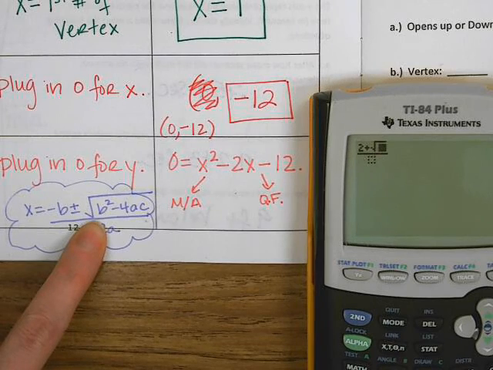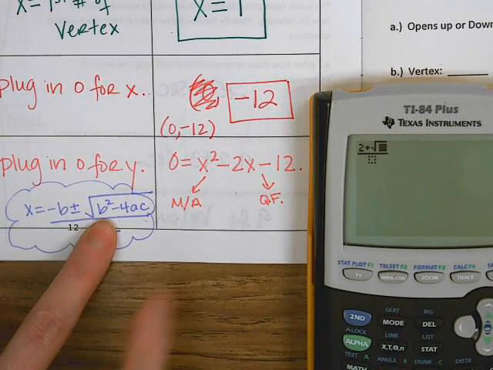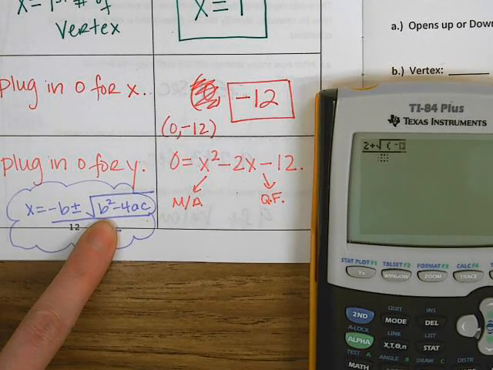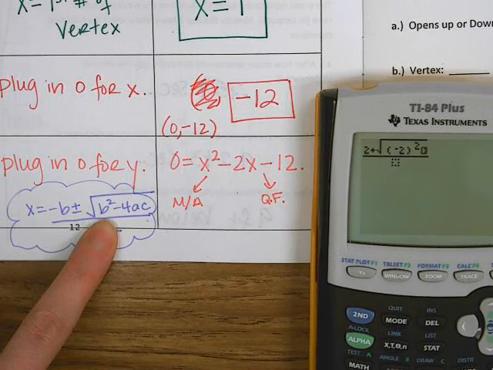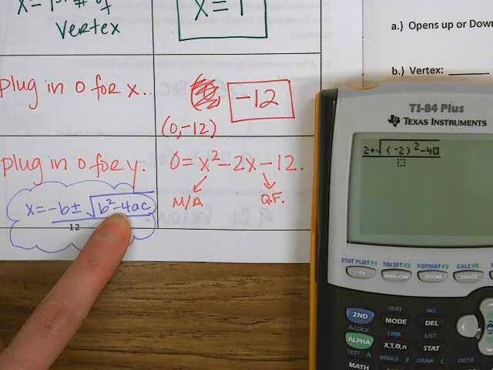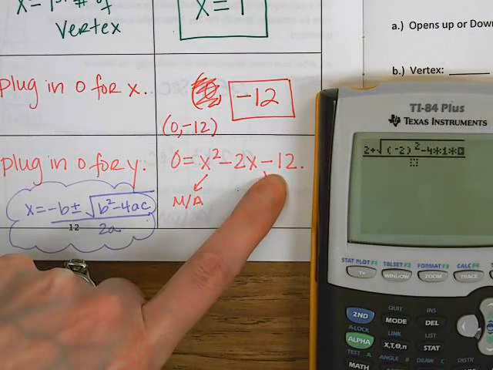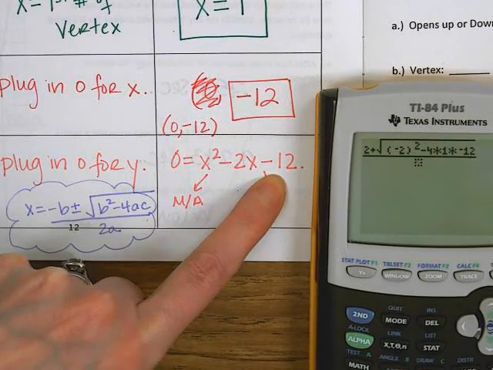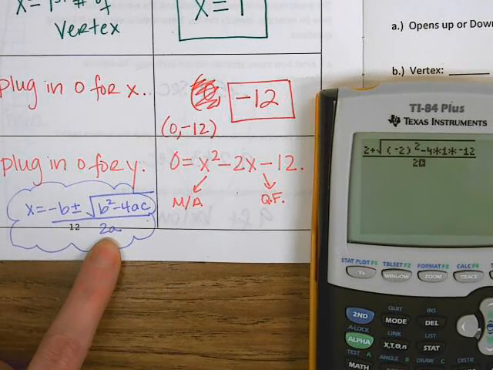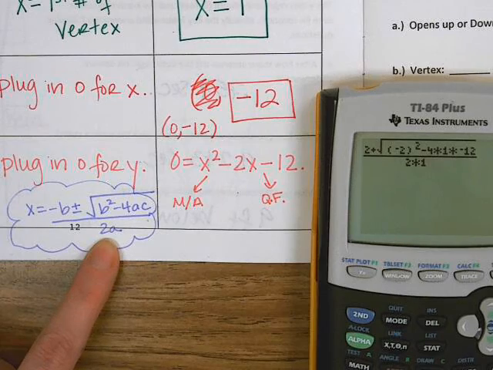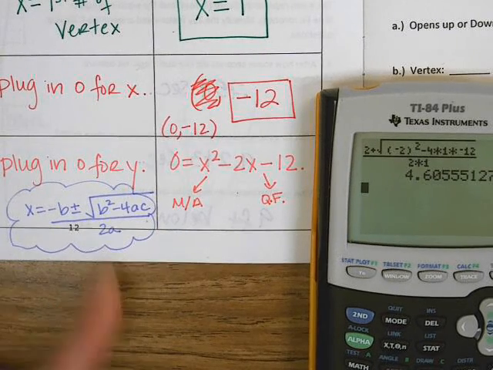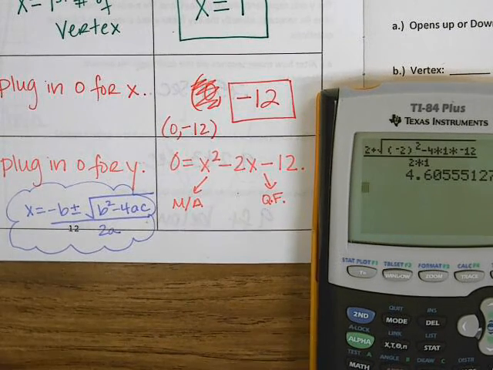Square root of b squared, so parentheses, negative 2 squared minus 4 times a, which is 1, times c, which is negative 12, all over 2 times a, which is 1. So the first answer is 4.61.